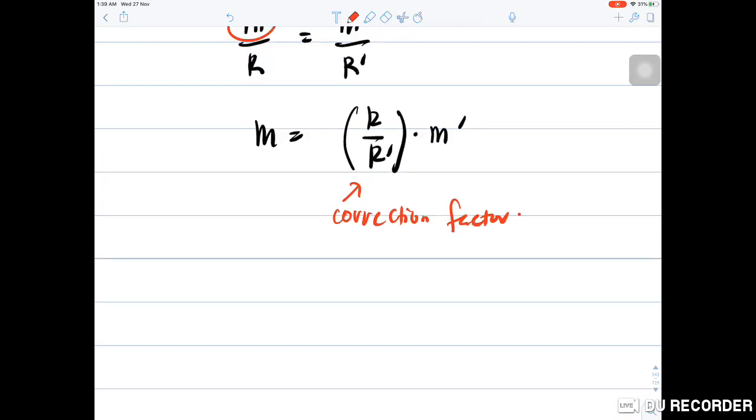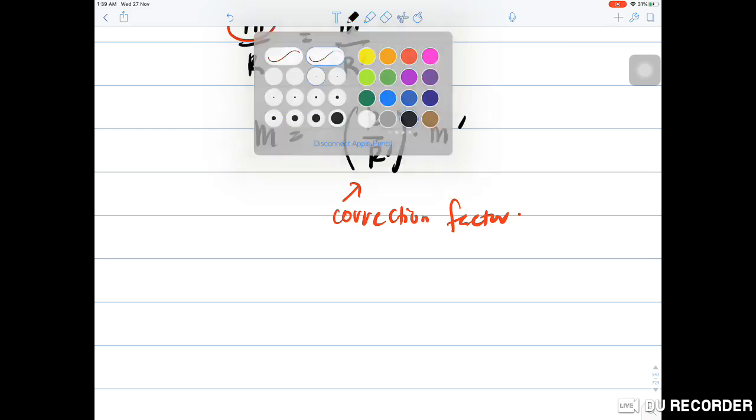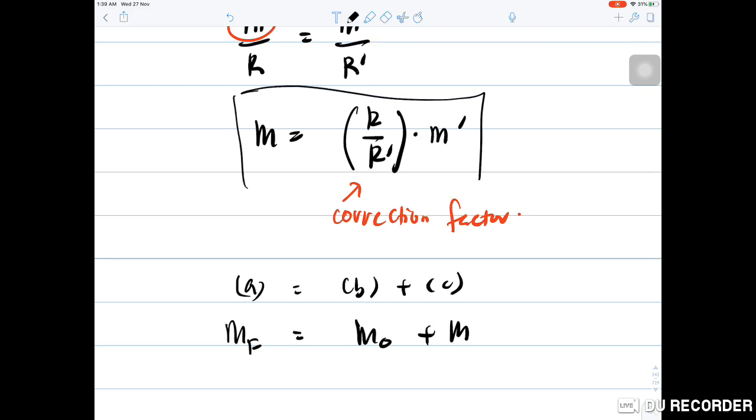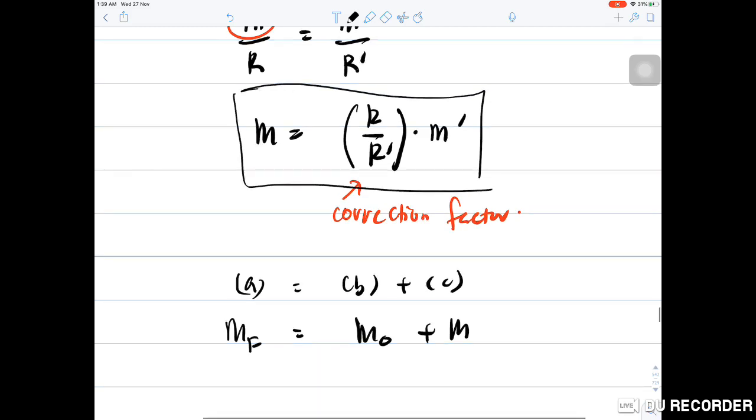So A is equal to B plus C, right? It is M final equal to M naught, the end moment from the first table, plus M, and M is unknown, and M we have derived from this.